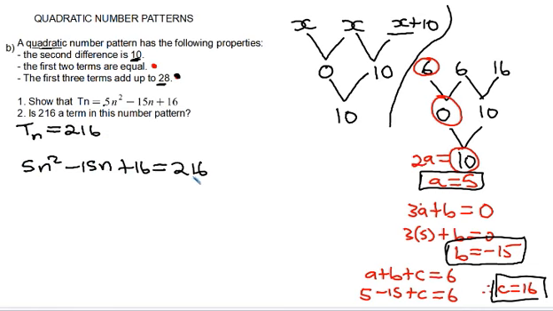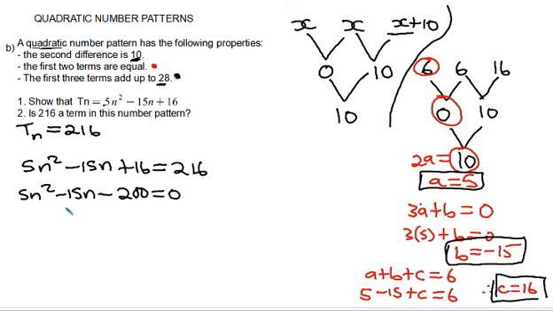All right. Take your 216 to the right, we have 5n squared minus 15n minus 200, and that is equal to 0. Because we are now saying 16 minus 216, we are left with minus 200. All right, how do we solve this equation?